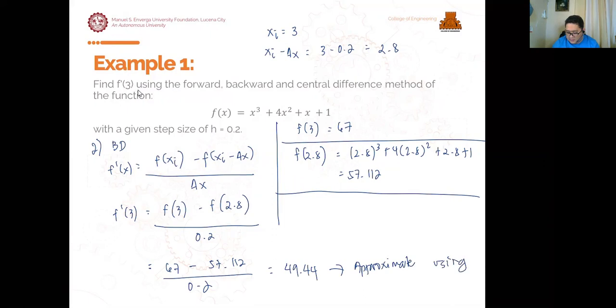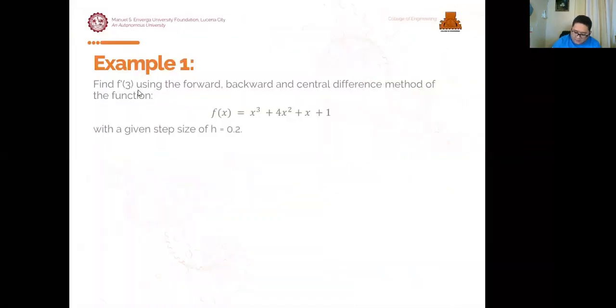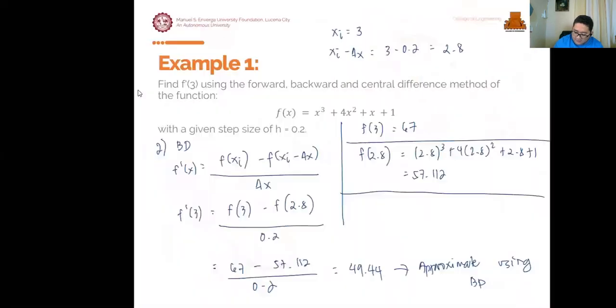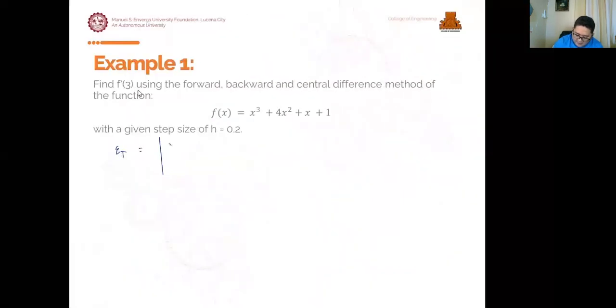Okay? So pag kinuha natin ngayon yung relative true error natin, equals yan sa value natin kanina is calculated 52 yung exact value natin. So 52 minus 49.44 all over 52 times 100.